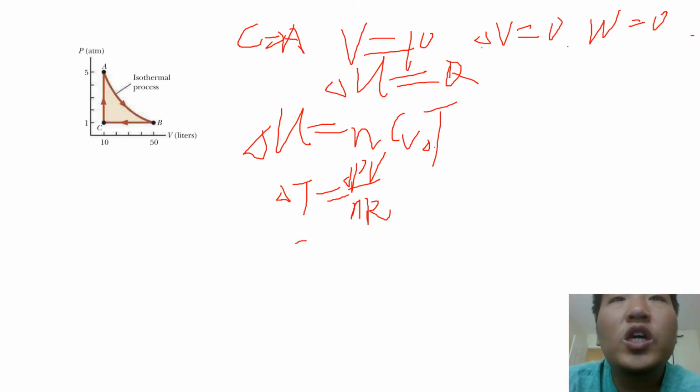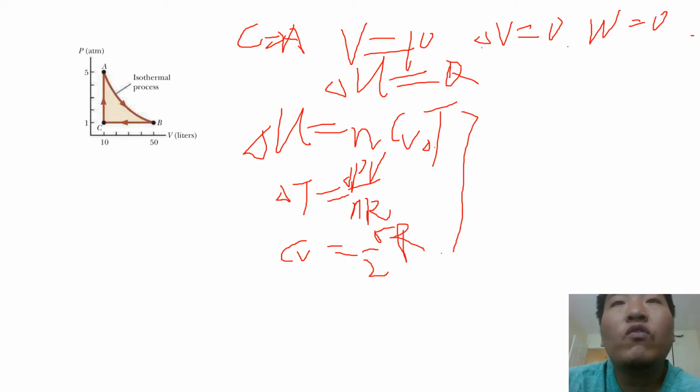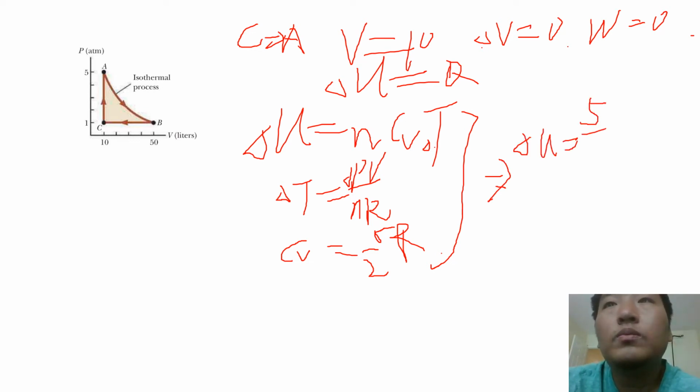In the Cv, because it's diatomic, we can get 5/2 R and then plug this function into it and consolidate to get delta U equal to 5/2 delta P V.